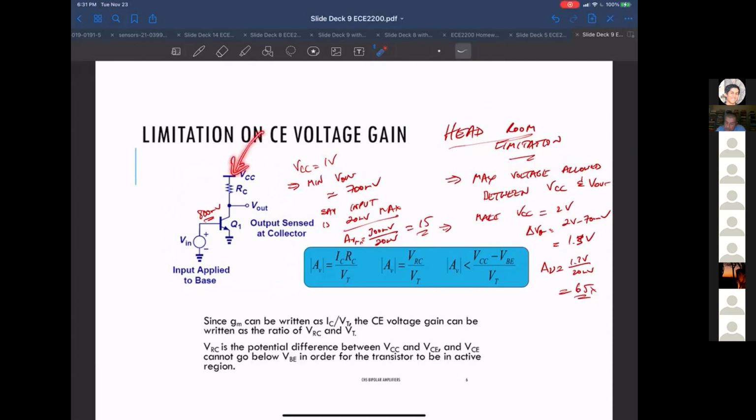Now, why not make VCC crazy high, like 100, just so that you can get a very high gain? The problem is that VCC is usually limited because of power consumption.